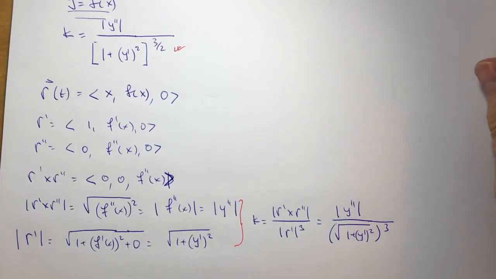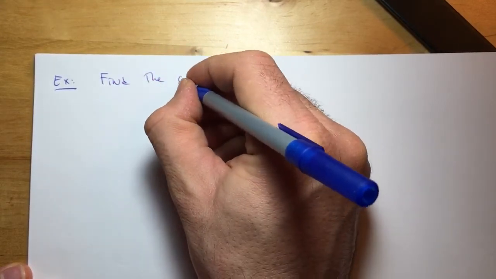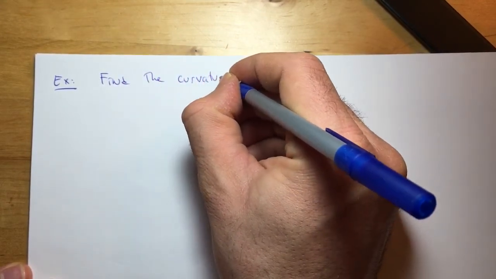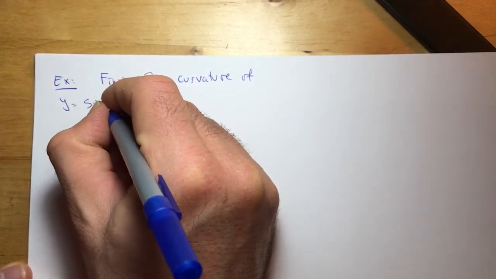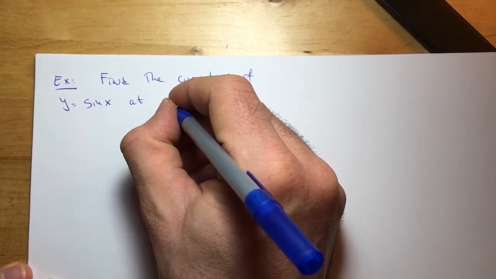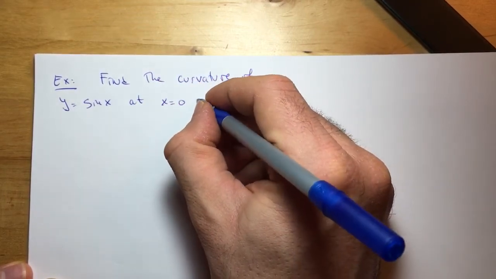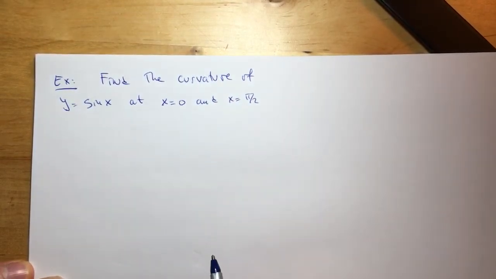Okay, so let's do an example. Find the curvature of y is equal to sine of x at x is equal to 0 and x is equal to pi over 2.